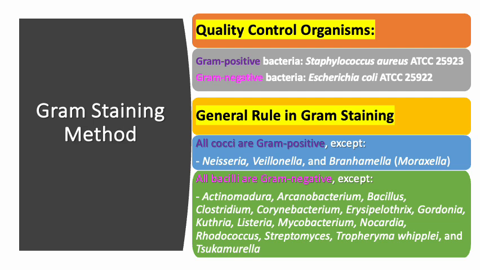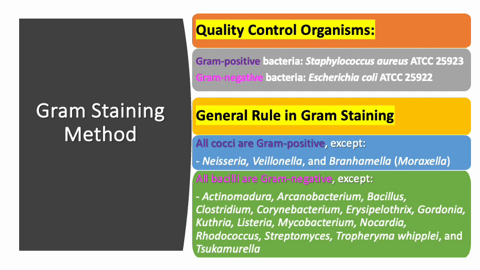Now, the general rule in gram staining is that all cocci are gram-positive except for the following. Neisseria, Veillonella, and Branhamella or Moraxella are the only known significant bacteria that are cocci but gram-negative in nature. Now, all bacilli are gram-negative except for the following.